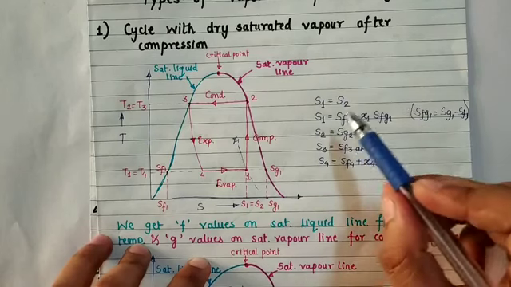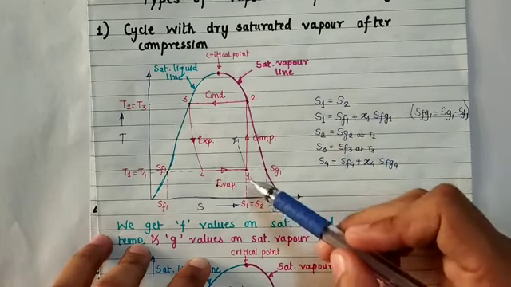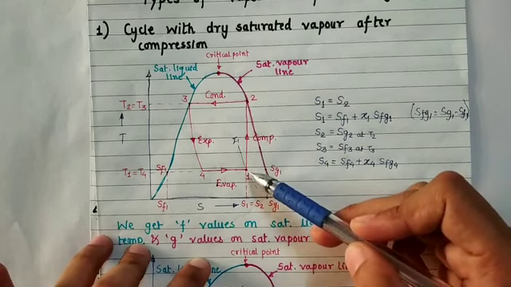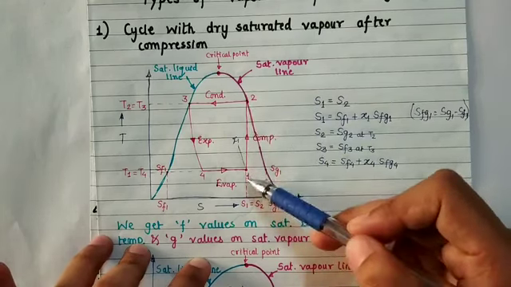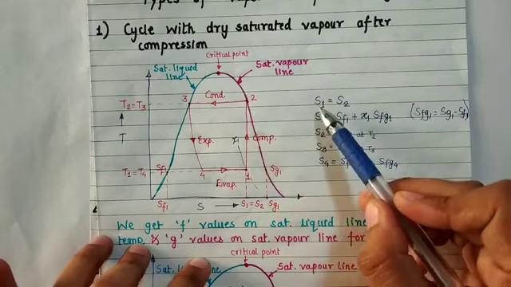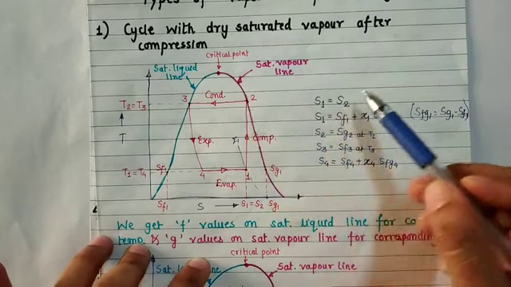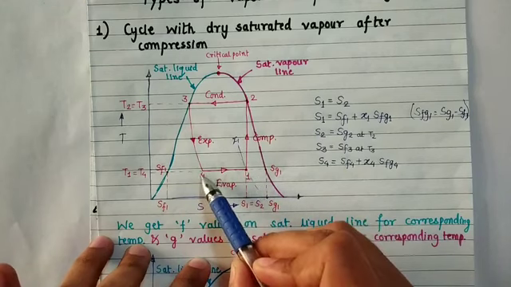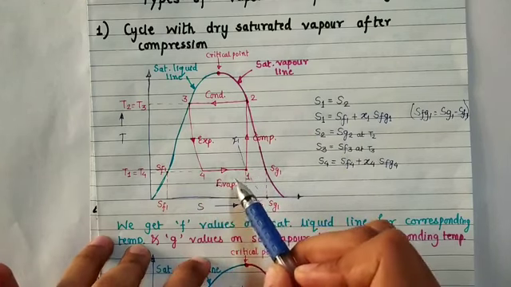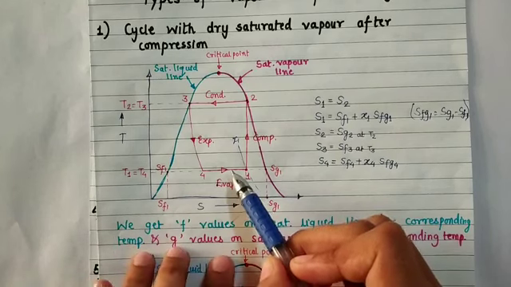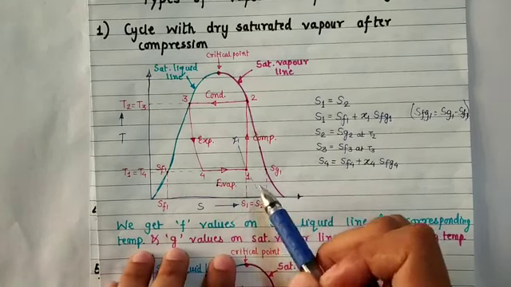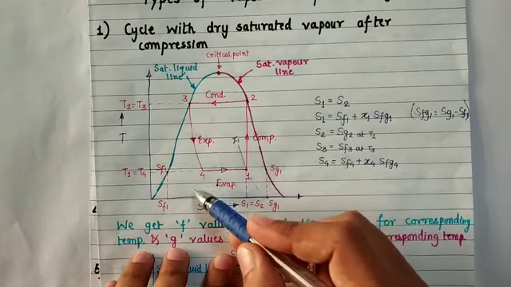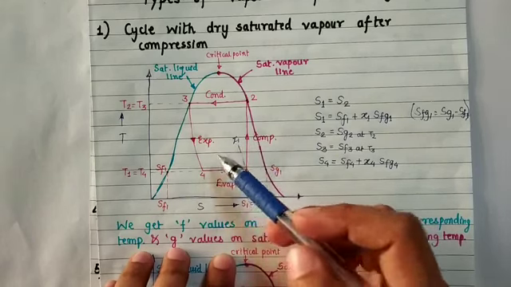So S1 is equal to S2, as we know that compression is isentropic. Isentropic compression means there is no change in entropy of point 1 and 2. So S1 will be equal to S2. Now we can see that point 4 and point 1 are inside the liquid vapor region, that is inside the dome shaped area. So they are having a particular value of dryness fraction which represents their condition.